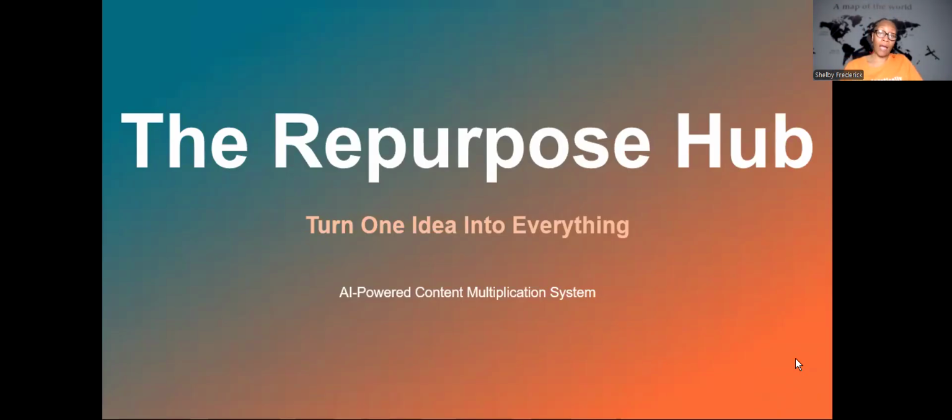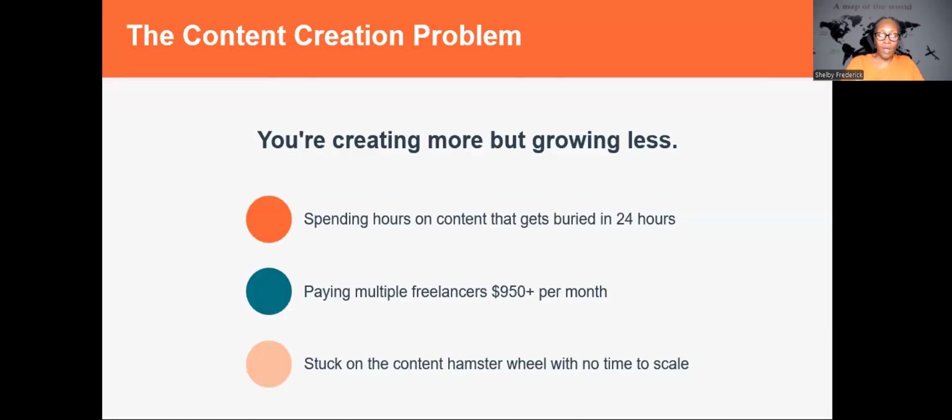And so with the Repurpose Hub, this turns one idea into everything. And this is an AI powered content multiplication system. So when we talk about the content creation problem, most of the time we create more, but we're growing less. So we're spending hours on content that gets buried within 24 hours.